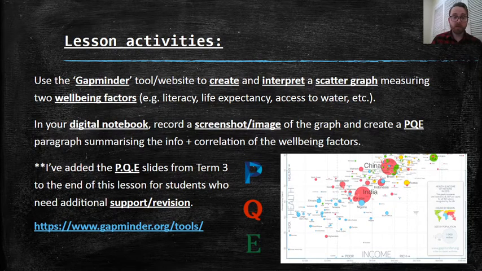In your digital notebook, you're just going to copy and paste a screenshot or an image of that graph, and then you need to write a PQE paragraph, just one paragraph, summarizing the information and then the correlation of the well-being factors. So what does that graph tell me? And are the two well-being factors you've selected connected? Are they related?